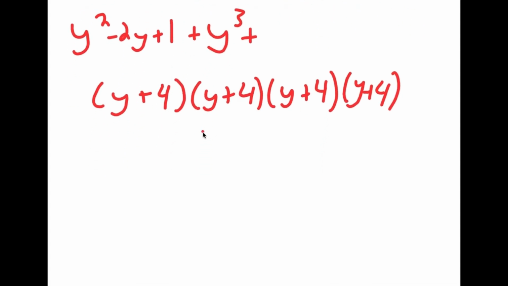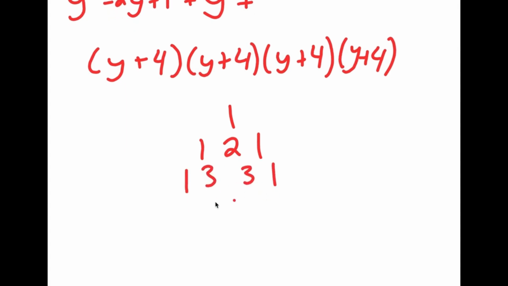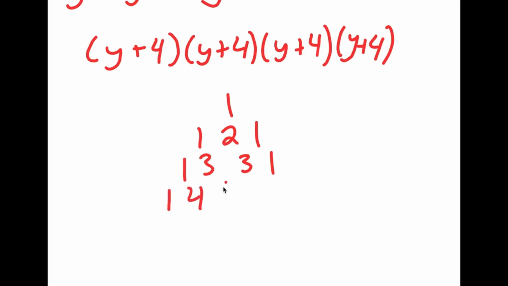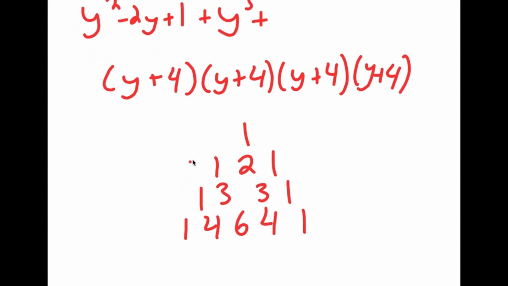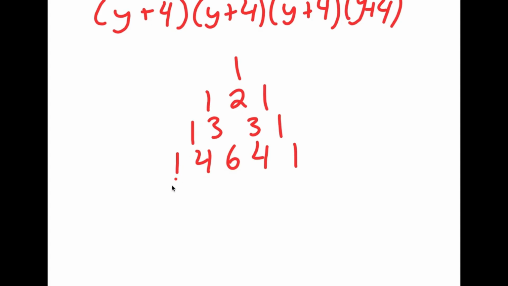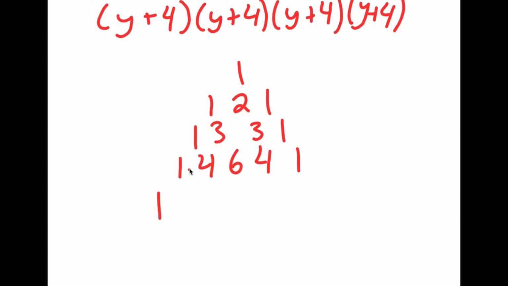What we can do is use the triangle method. So I'm going to write out my triangle. This is the fourth row, since this is to the power of 4, so we're going to be using this: 1, 4, 6, 4, 1.